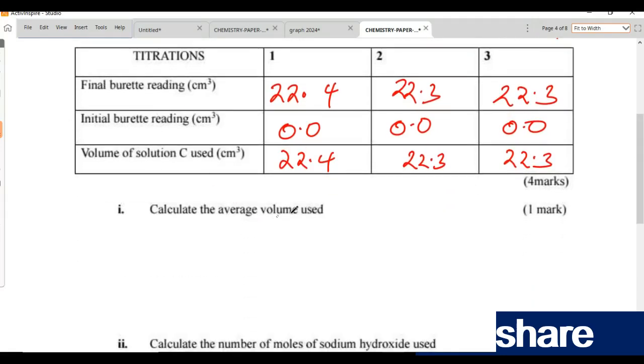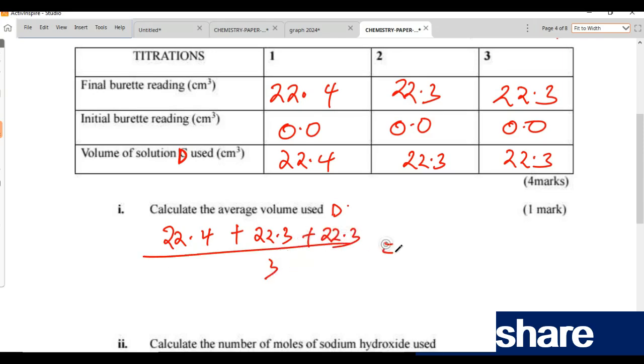So calculate the average of solution D used. This one is a mistake, solution D. So volume of solution D used. That is now 22.4 plus 22.3 plus 22.3 divided by 3.